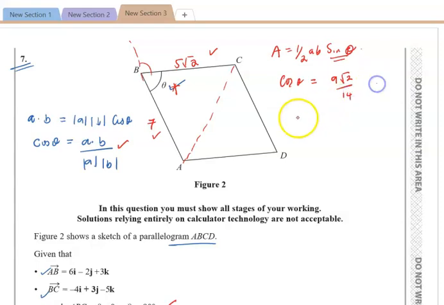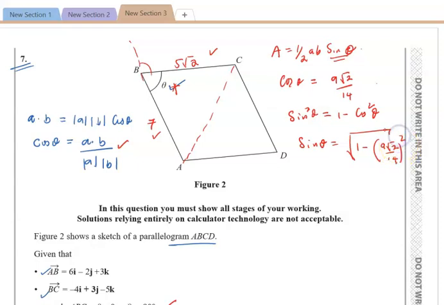So we are going to remember our trig identity, that sine squared of theta is equal to 1 minus cos squared of theta. That means our sine of theta is the square root of 1 minus the square of 9 root 2 over 14.